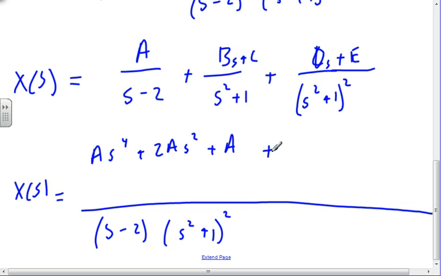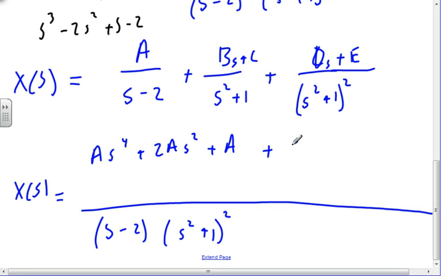Plus. Now, we need s minus 2 times s squared minus 1. So that's s cubed minus 2s squared plus s minus 2, right?